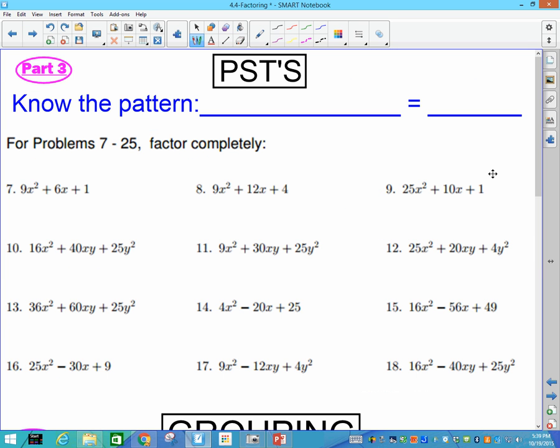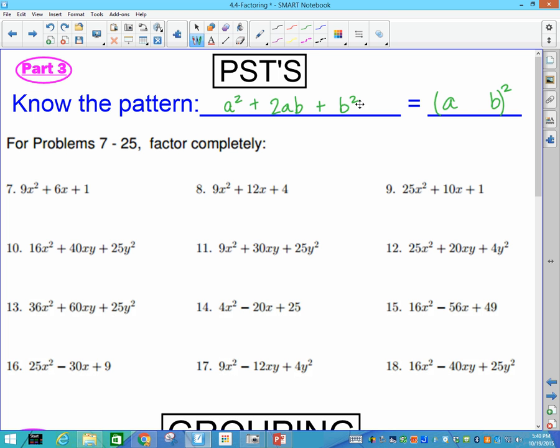Okay, our third group is something called PSTs, and we actually talked about this a little bit in class previously. It's a squared plus 2ab plus b squared. Okay, this is a perfect square, and this is a perfect square, so I'm going to go, oh, that's a and b squared.